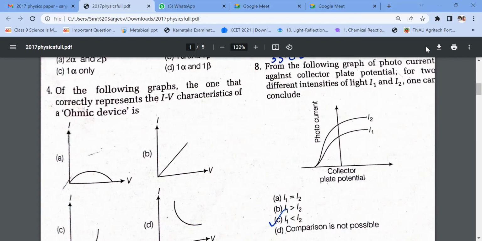So obviously the photocurrent depends on what? I'll write down here. The intensity of light is directly proportional to the current. Photocurrent means current through light. Photo means light, right?